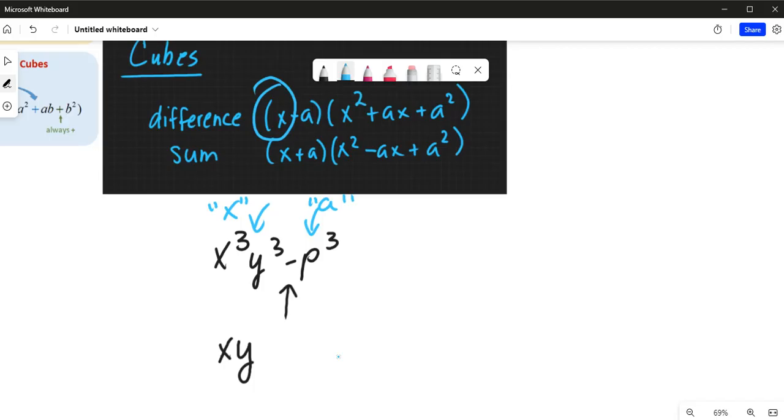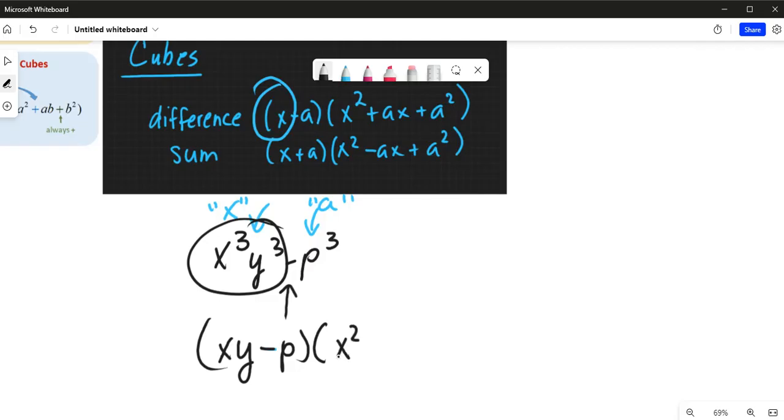So xy minus the p, and then this is x squared, so it's going to be the cube root of this squared.